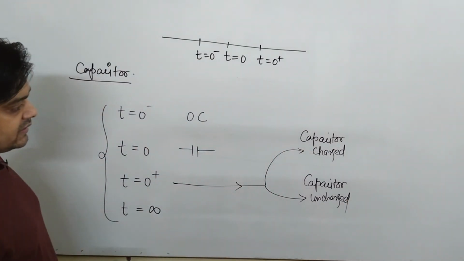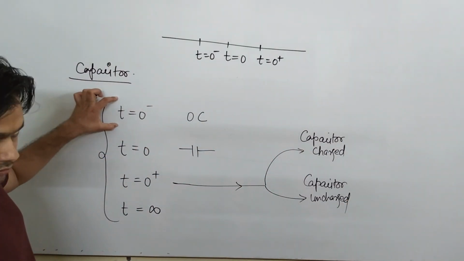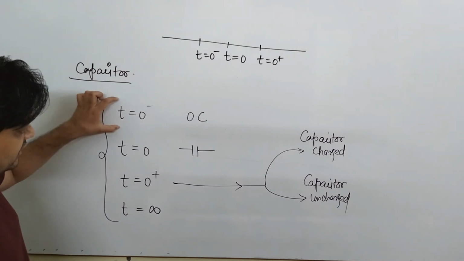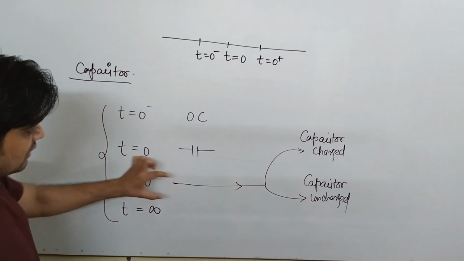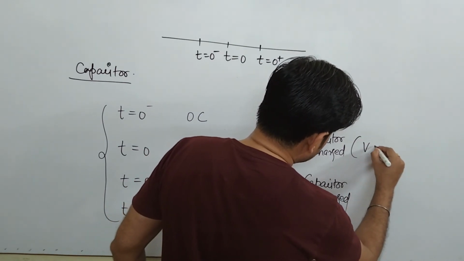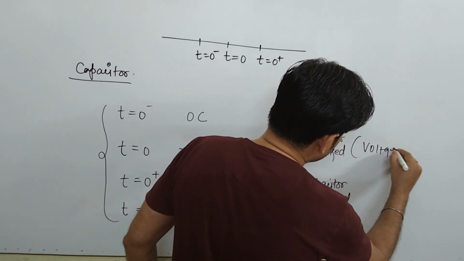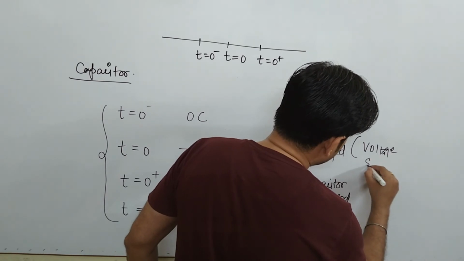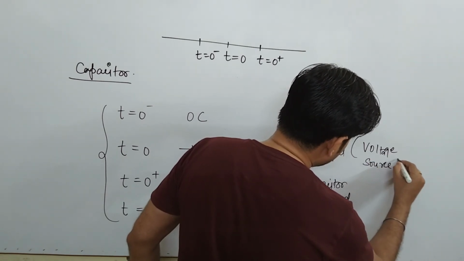If your capacitor is initially charged, I am talking about initially, then at t equal to 0 positive it behaves like a voltage source. Please keep that in mind.